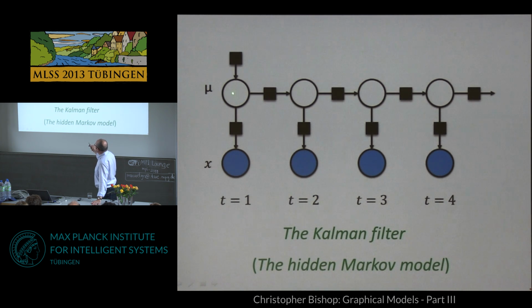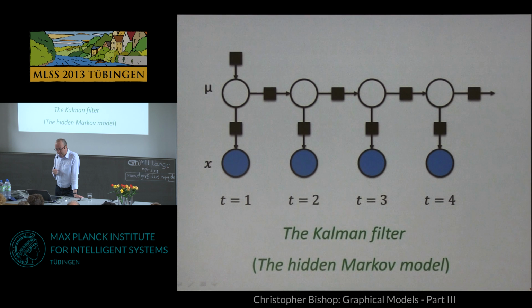It's exactly the same model, but instead of having Gaussian states here, you have discrete states. And again, there's an exact inference algorithm involving message passing along this graph. It's called the forward-backward algorithm, but it's just a particular case of the sum product algorithm we derived yesterday. So you get that for free as well.